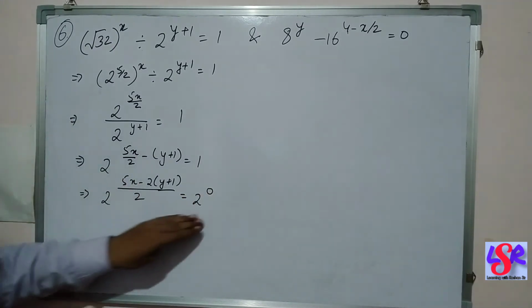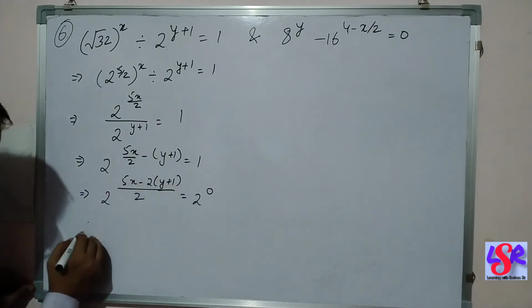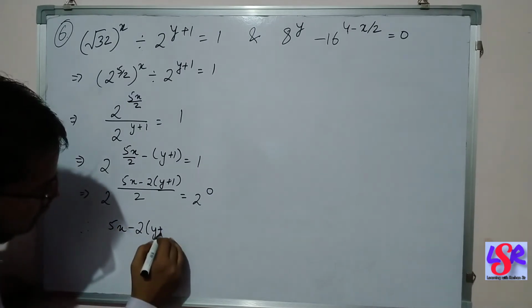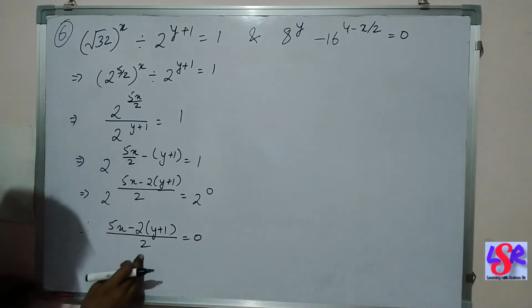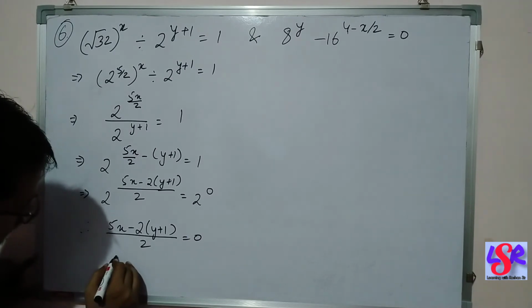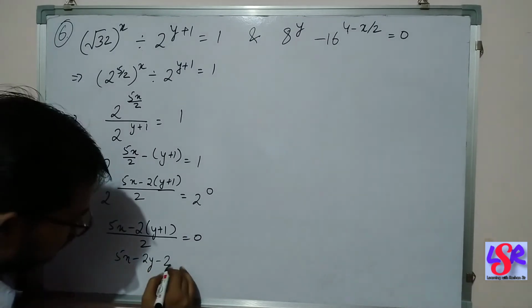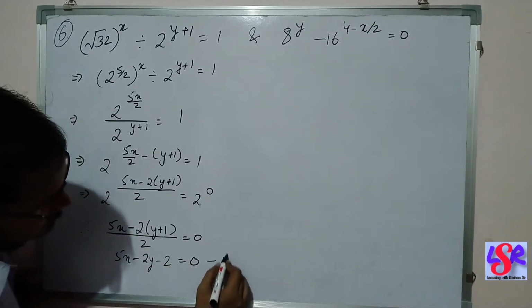Now we are having the same base for both of it, so the powers can be equated, and therefore it will be 5x minus 2y plus 1 whole upon 2 equals to 0. Now this 2 can be sent on the other side and it will be equals to 0. So 5x minus 2y minus 2 equals to 0. Now this is your first equation.